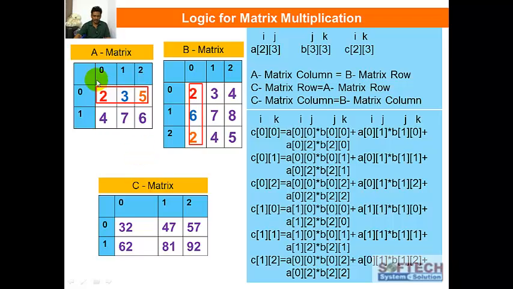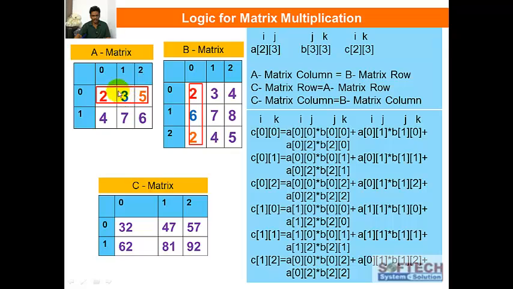Okay. How can we multiply the values? This is the multiplication process. First take the 0th row of A matrix. It has 3 values. Then we take the 0th column of B matrix. It also has 3 values. Then we multiply the appropriate values: A matrix 0 0 multiplied with B matrix 0 0.